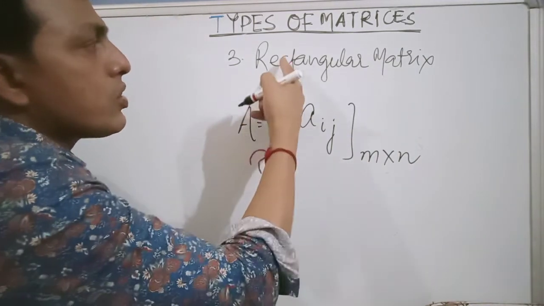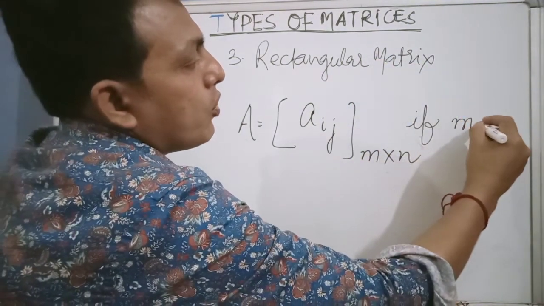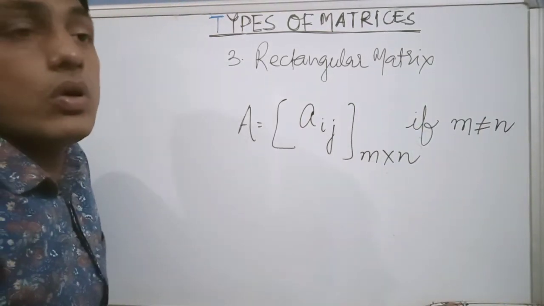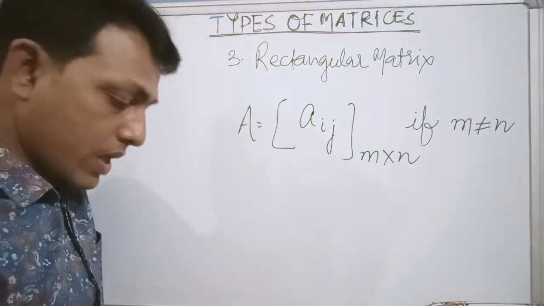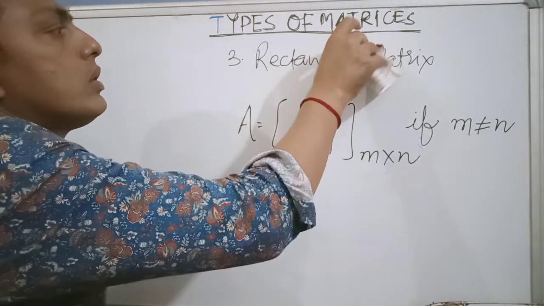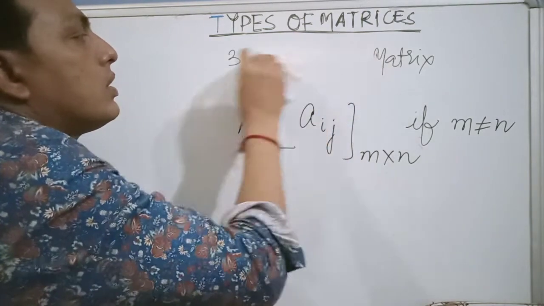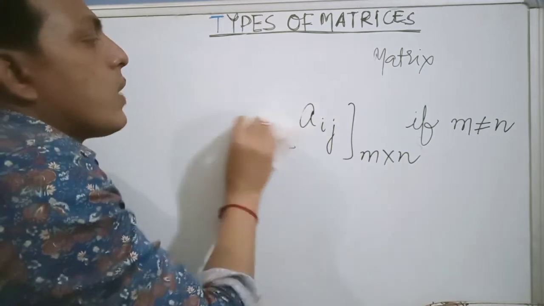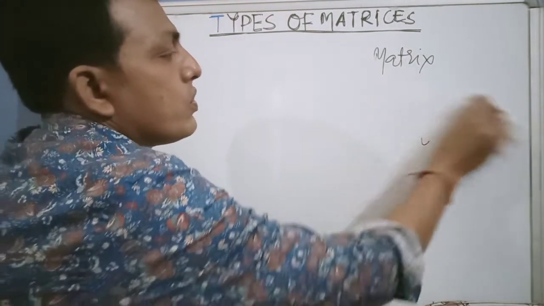This matrix is called rectangular matrix if number of rows is not equal to number of columns. Correct? Now number 4. Square matrix. So it is again, I think, a simple one.